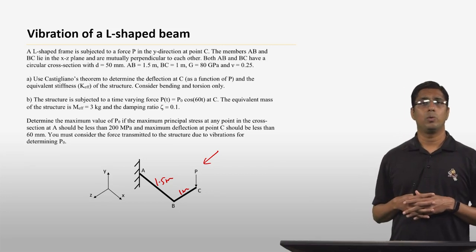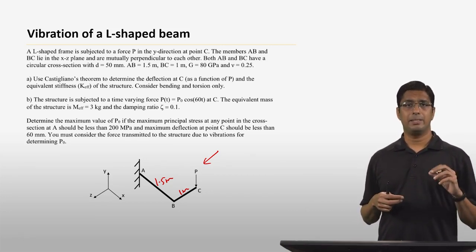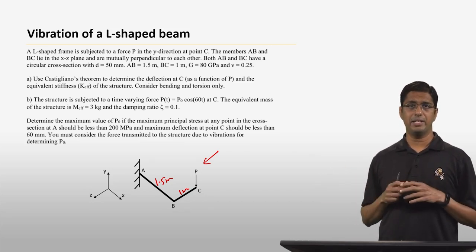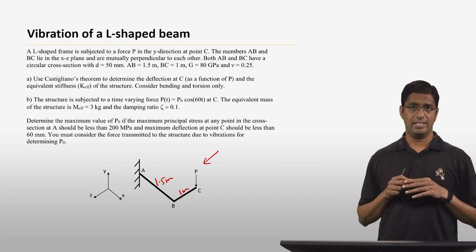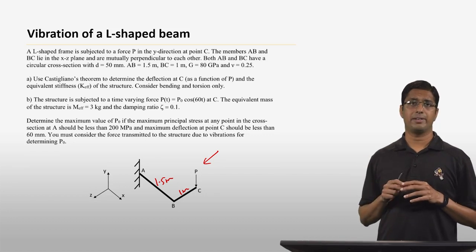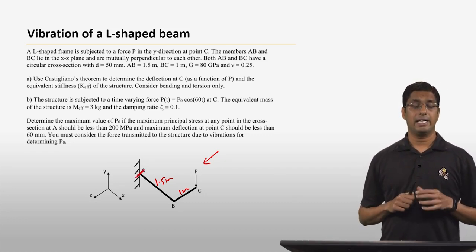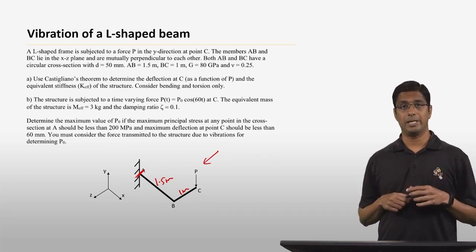Now what is being asked here is that you determine the maximum value of P naught, where P of T is P naught cos 60T. You are asked to find the value of P naught such that the maximum principal stress at any point in the cross section at A, which is here, should be less than 200 MPa.